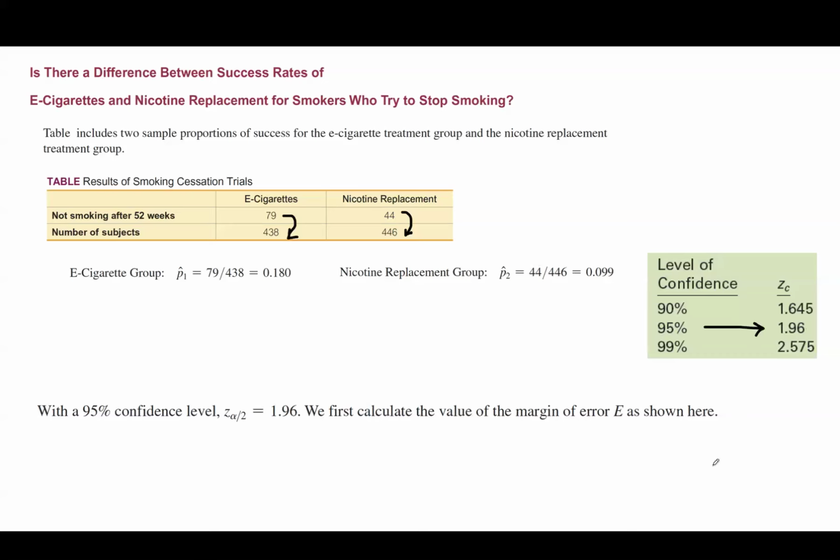So it is bounded between P1 hat minus P2 hat minus the margin of error, and remember that our margin of error is basically just 5%. On the right-hand side, you have the difference between sample proportions plus the margin of error that we calculated.